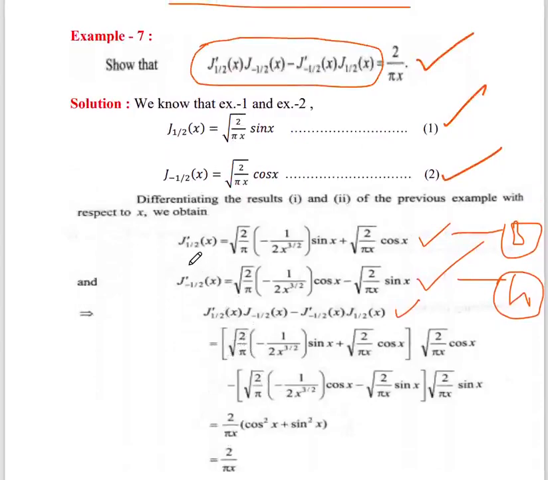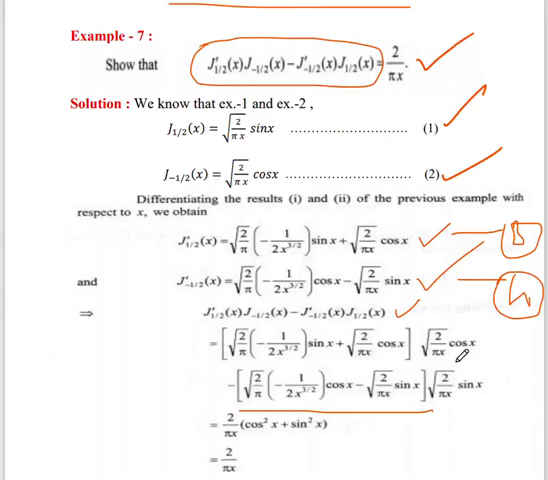J dash half of x means this value, root 2 upon pi into minus 1 upon 2 x to the power 3 by 2 sin x plus root 2 upon pi x cos x, into root 2 upon pi x cos x, which is J minus half of x. Minus J dash minus half of x, put this value, into J half of x, that is root 2 upon pi x into sin x.